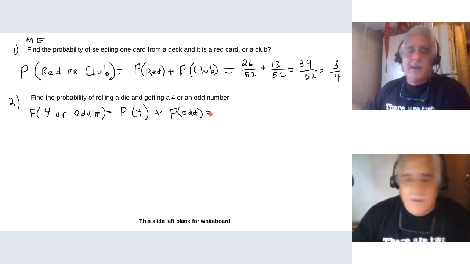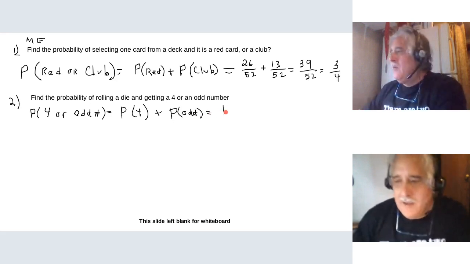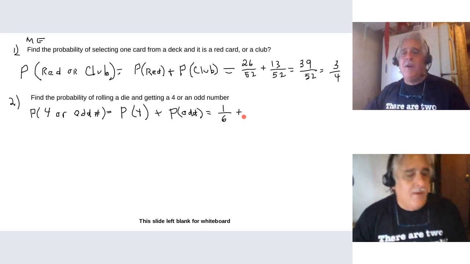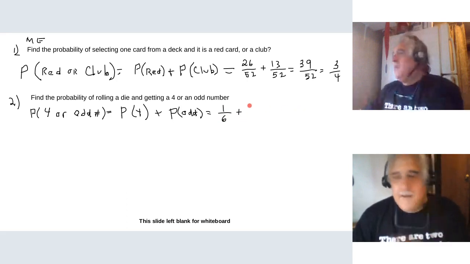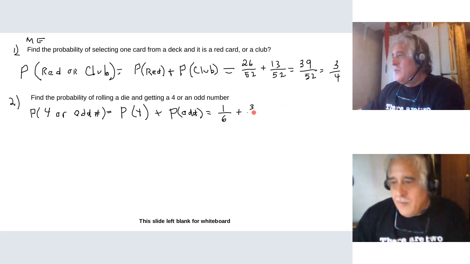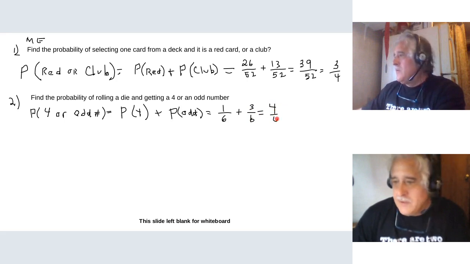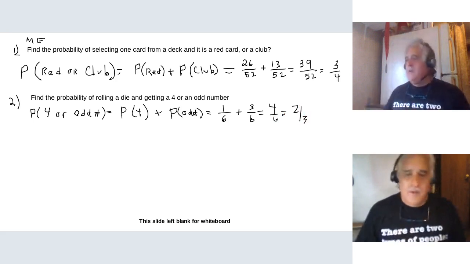Just like with the 6 and the 3, there's exactly 1 4 out of the total. And we talked a little bit about the probability of odd in one of the examples of an event. But there's exactly 3 odd numbers over a total of 6. So then we add these up and we get 4/6. And then we can whittle this down to 2/3.